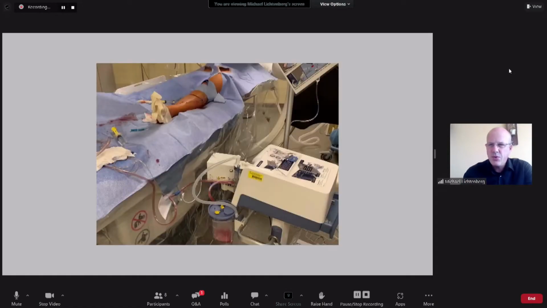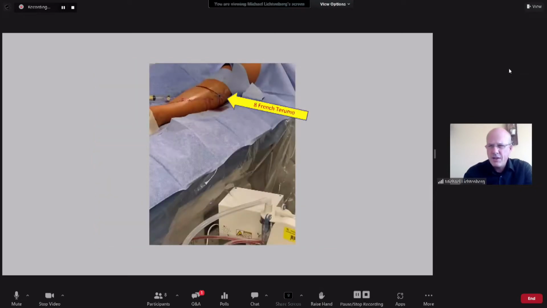So we decided to perform a very distal approach and another attempt, not from the groin, not from the femoral vein. We started from the tibial vein. This is our standard approach for very distal thrombosis, puncturing the anterior tibial vein, in this case with an 8 French Terumo access sheath.